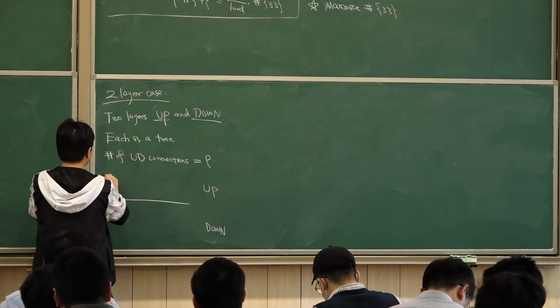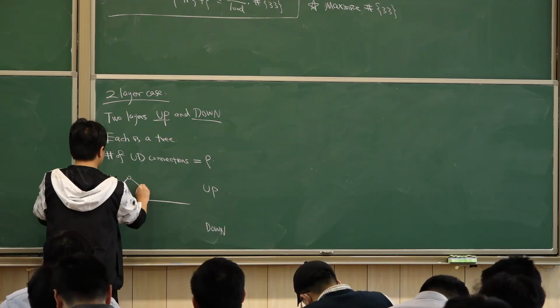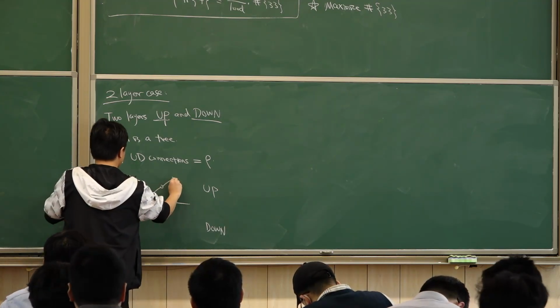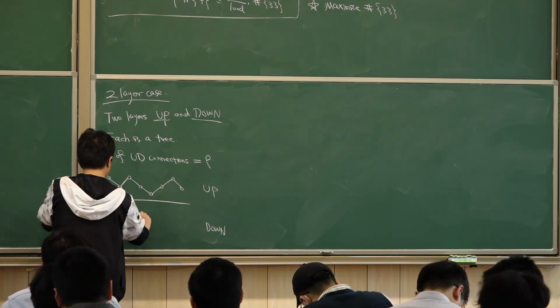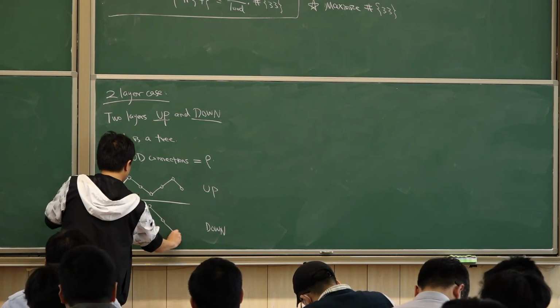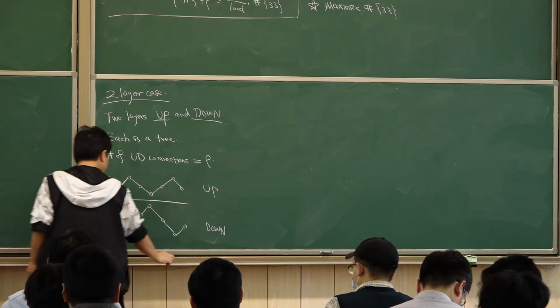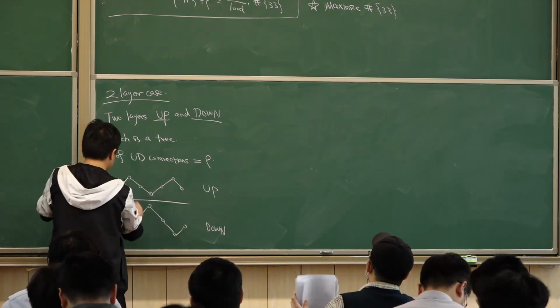The example here, this is up, down, and let's say we have a tree up. We can draw anything like this, and then we have to draw a tree. Okay, so we can draw a tree, and then we can draw these UD connections.